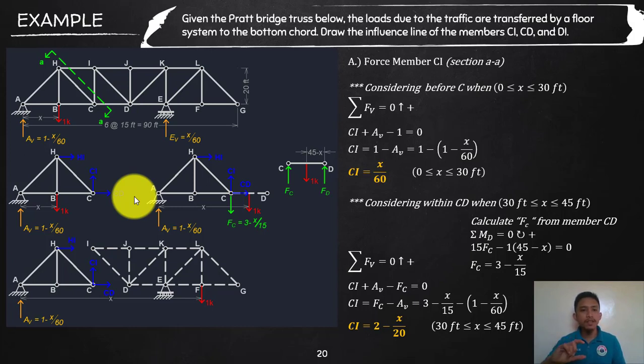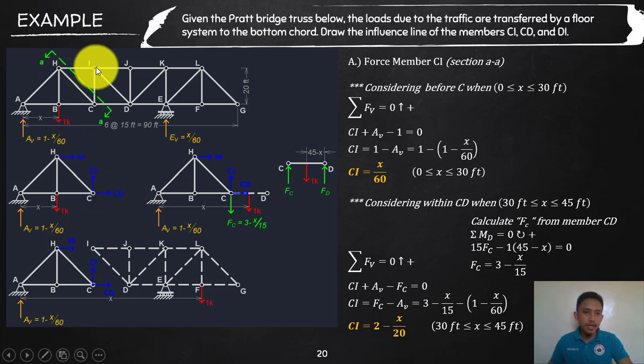But if you assume initially compression, then the positive on the influence line will be compression and the negative will be the tension. So for me, I will be assuming all the initial directions to be tension, so in our influence line later on, all the positive are tension. So I'll be exposing HI and then CI and then CD.